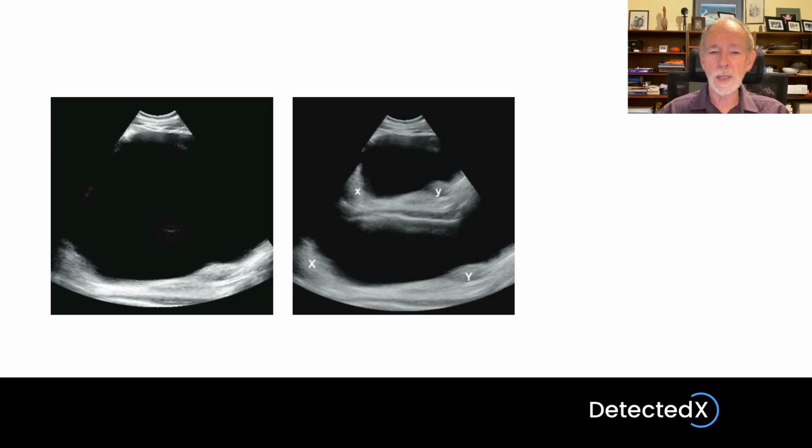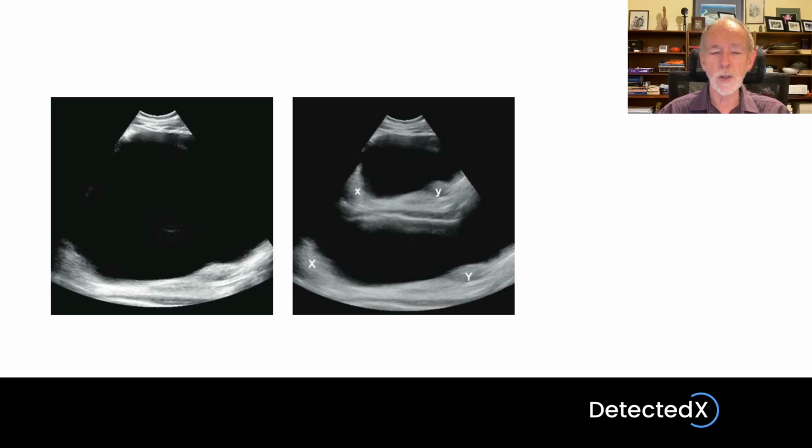The reason is that the echoes shown halfway up the image is a duplication of the rear wall of the bladder. And so the point labelled with a capital X has replicated to the point labelled with a lowercase x, and the same for the point y. Now, it's not an exact copy of the rear wall because of the shape of the scan.